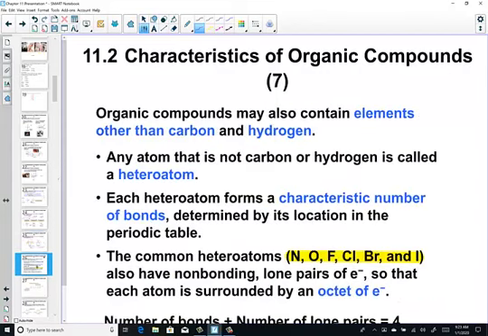Some organic compounds contain other elements as well. Any element other than carbon and hydrogen, which are the main elements of an organic compound, is referred to as a heteroatom. Hetero, of course, is a prefix that means different.